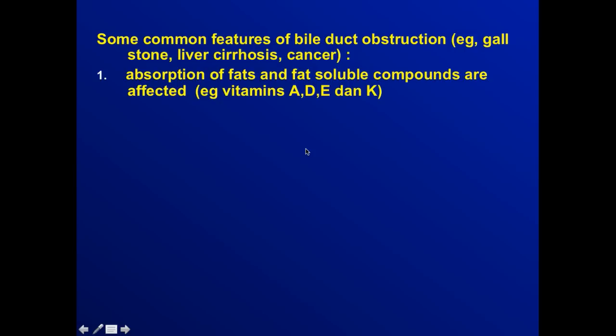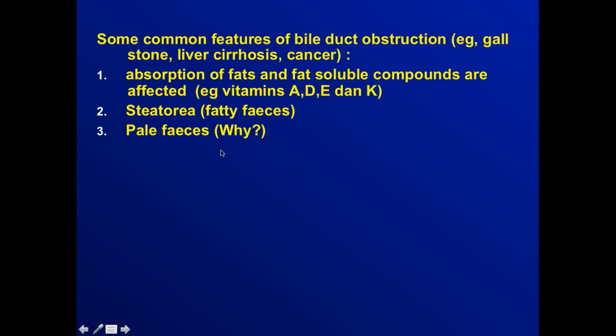What else? The fat. There will be abnormal metabolism of your lipid because you cannot digest it. So there will be a lot of lipid, and that will make your feces float. Some people will see their feces floating, and it's oily because there's a lot of fat. The fat cannot be degraded, cannot be digested, as there is no bile.